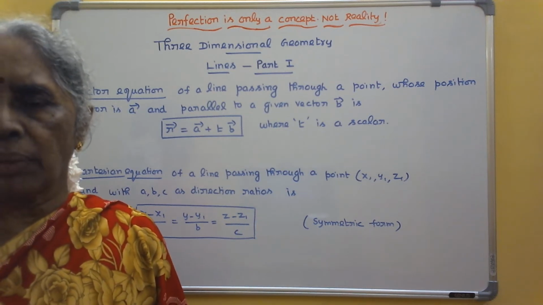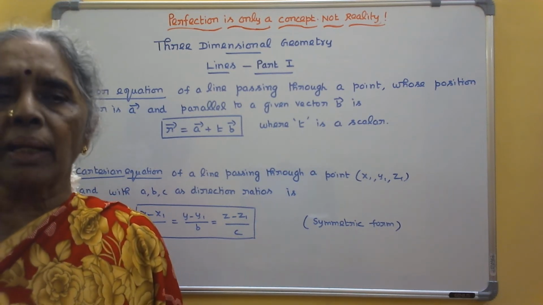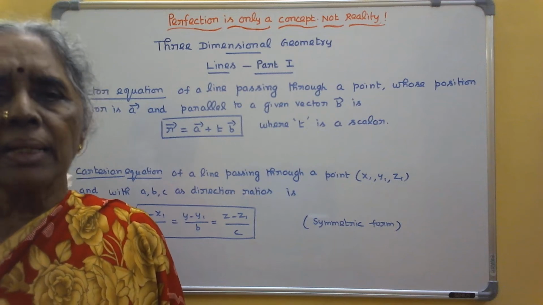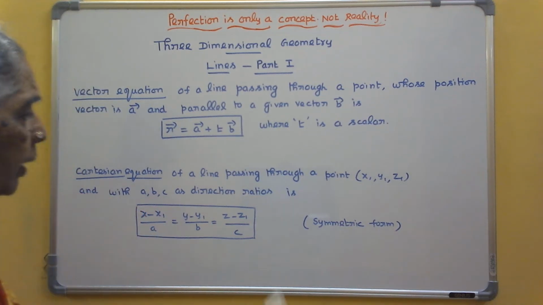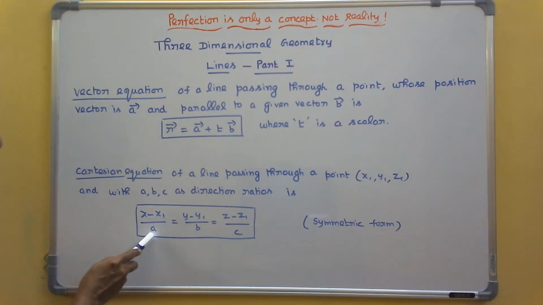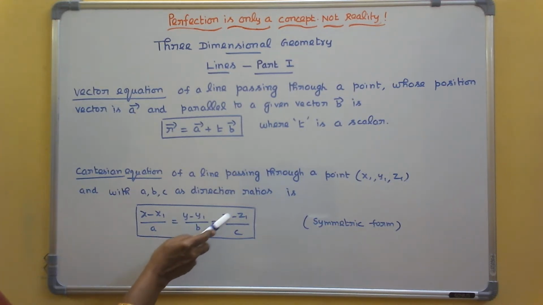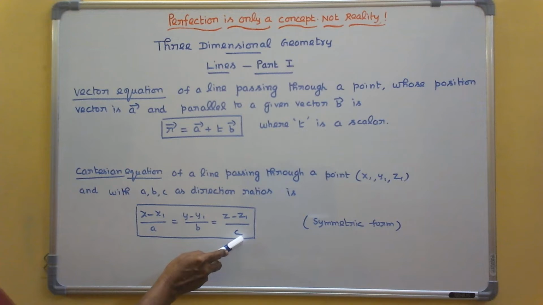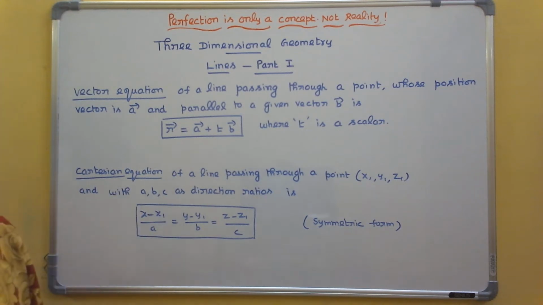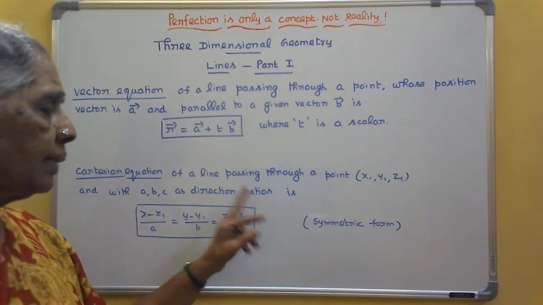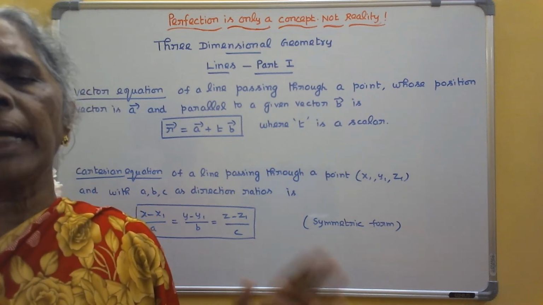Actually both are same, because when two vectors are parallel, you know the direction ratios will be same or proportional. So now this is x minus x1 by a is equal to y minus y1 by b is equal to z minus z1 by c. This is the Cartesian form of the equation. This is also known as symmetric form.